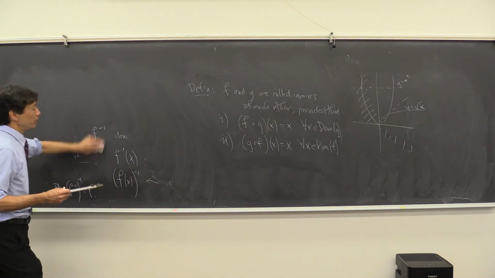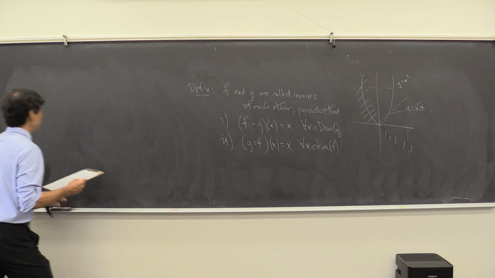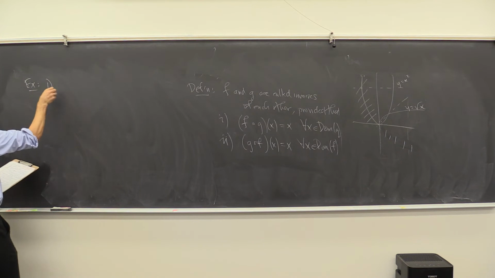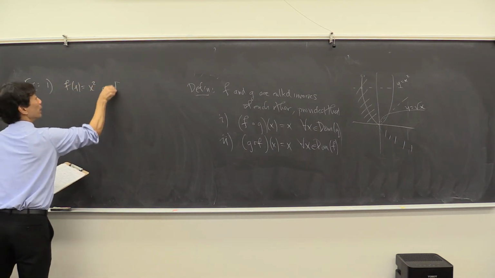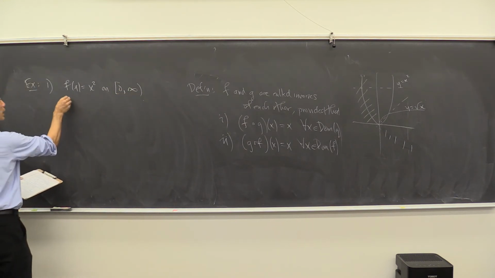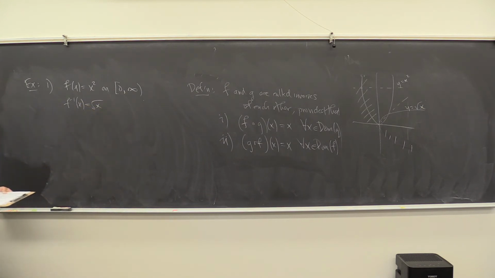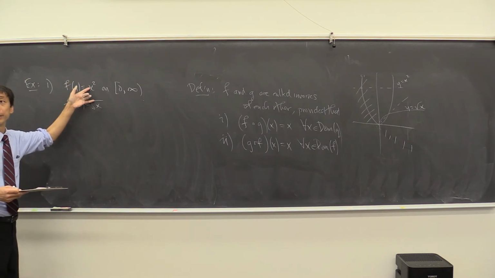Okay, so that's one example of a function and its inverse. Example 1: f of x equals x squared on the non-negative numbers. Then f inverse actually exists. The square root of x cancels out the square. If you compose them in either direction, you get the function that does nothing.